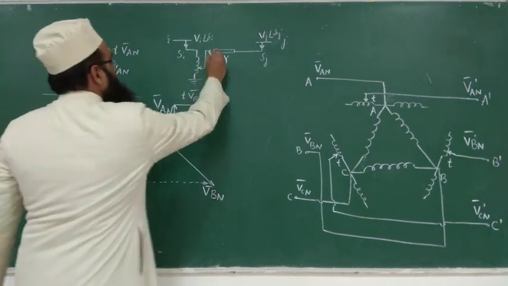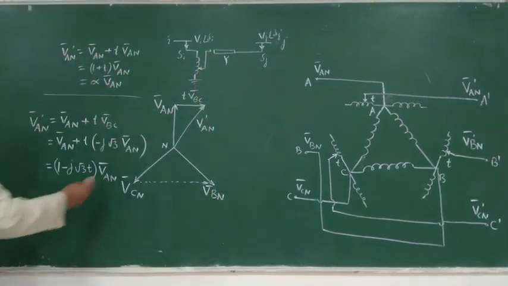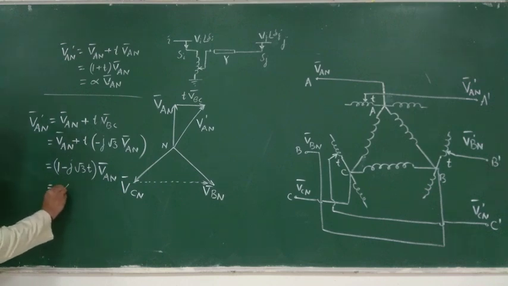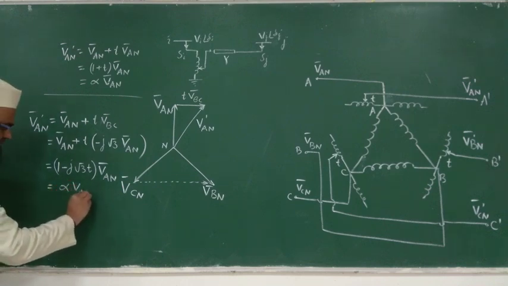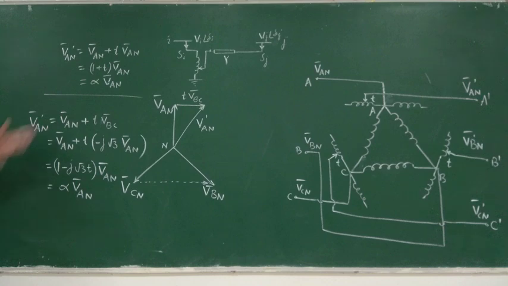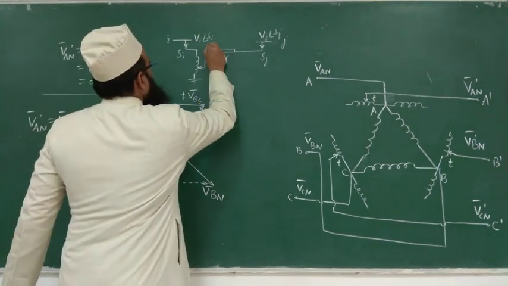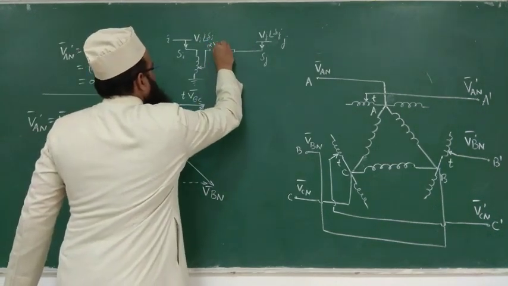So here you will represent this as alpha or A times VAN. Alpha for this case is 1 plus T, alpha for this case is this, right? So directly we may write here alpha Vi phasor.